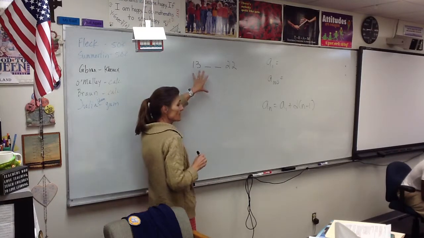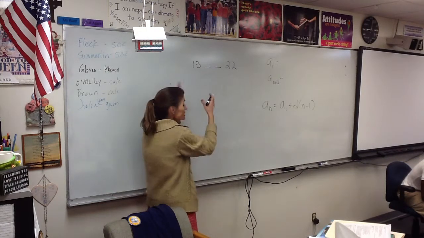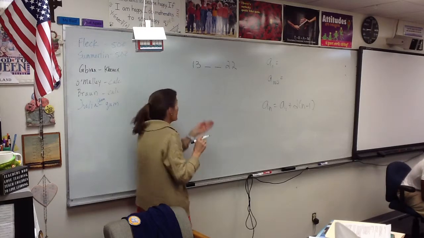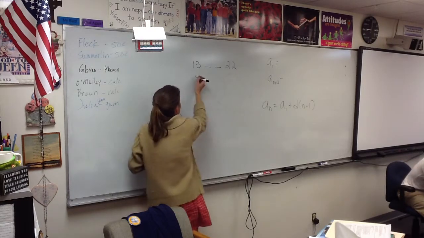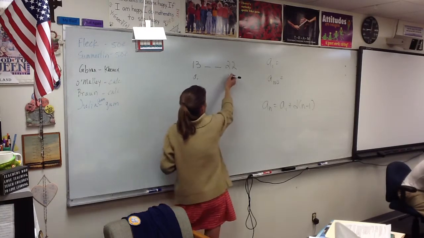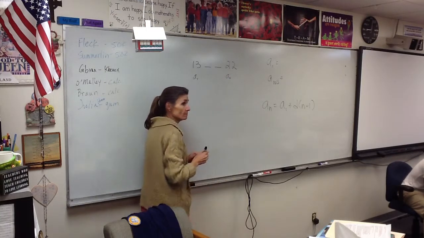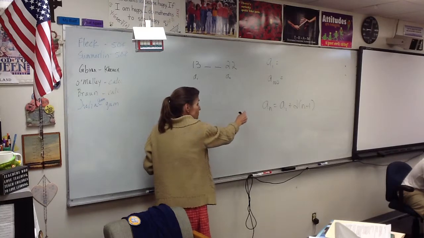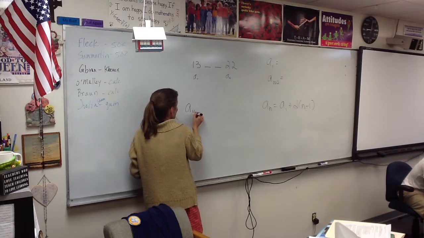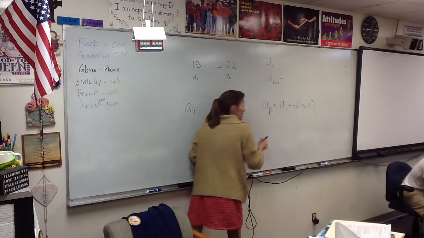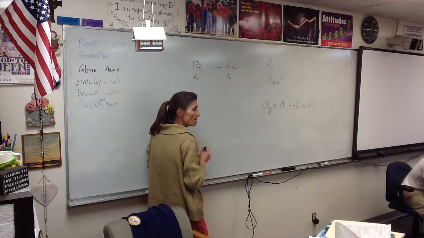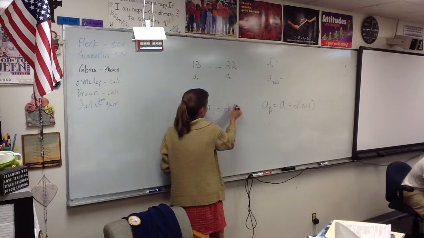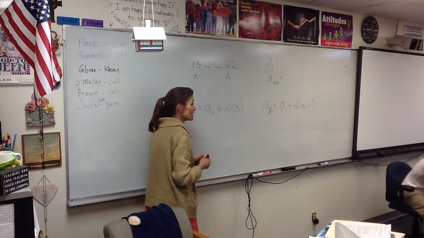And I look at this right here. If that's all I look at for this moment, this is the 1st term and this is the 4th term, right? And the formula tells me that the 4th term, where n is the number of the term, is the 1st term plus the common difference times 3.